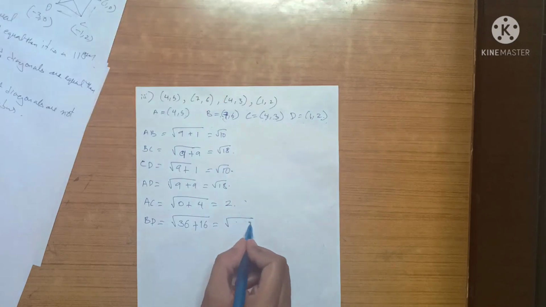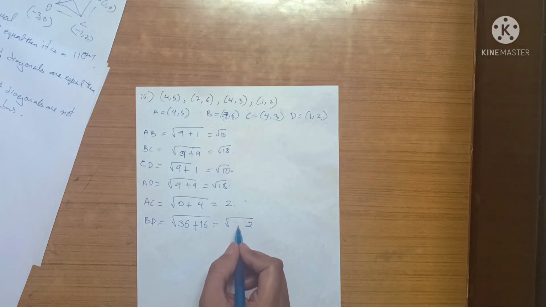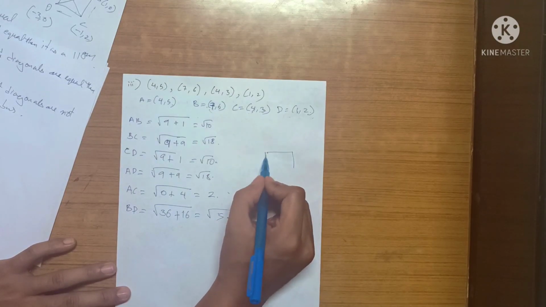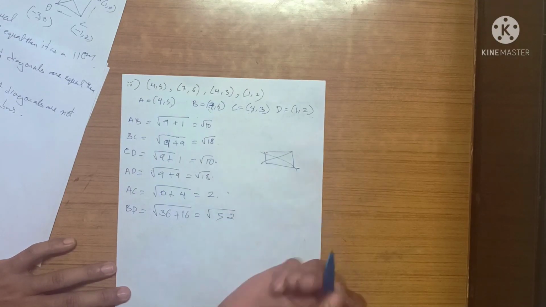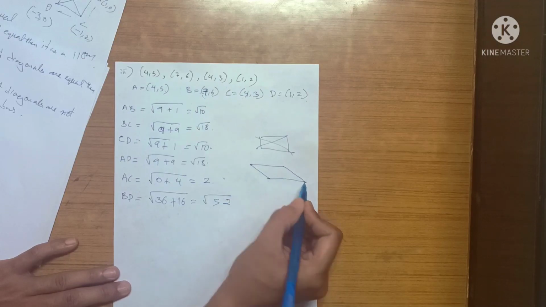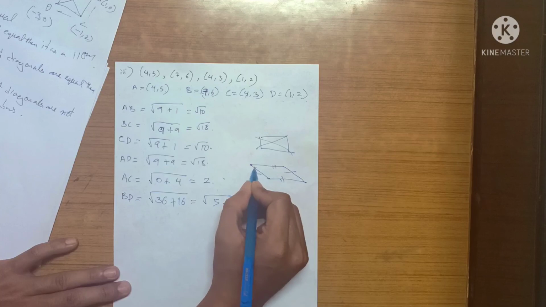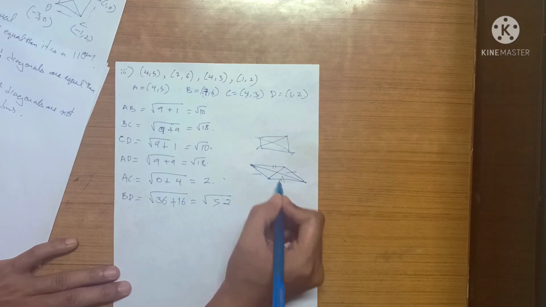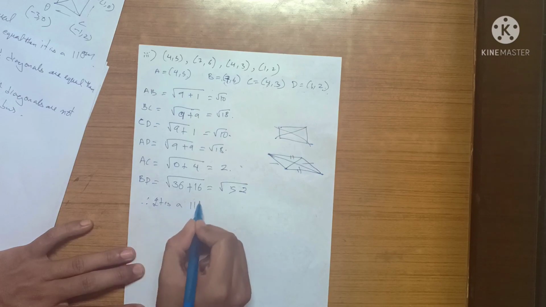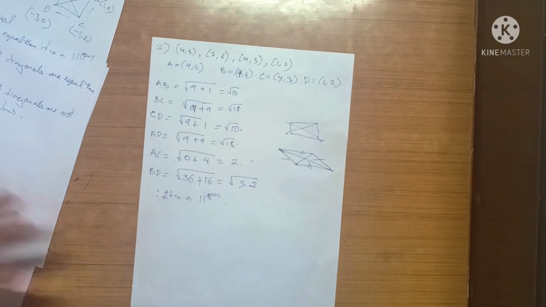So we're getting something completely different, which means opposite sides are the same, but the diagonals are not the same. So it's a parallelogram. This and this are the same, this and this are the same, but obviously this diagonal is way longer than this one. And that's it. I hope you understood.